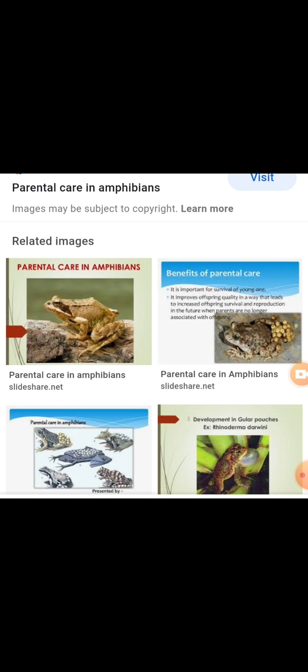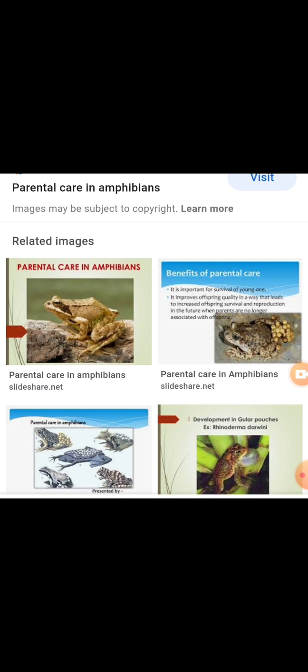The methods of caring by amphibia generally fall under two broad categories: protection by nests and direct caring by the parents. In parental care in amphibia, you simply have to observe the nursing of the eggs or embryos.